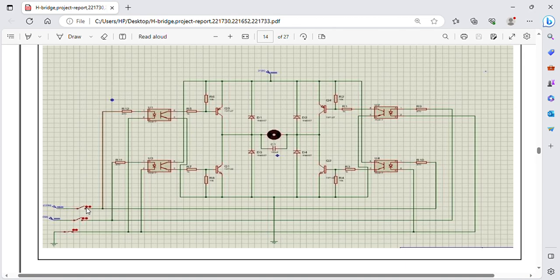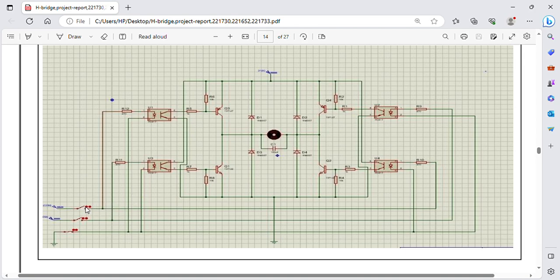As we turn on this switch, the current of 5 volt is transmitted from here to here, and this LED turns on and transmits an optical signal IB to the base here, and this transistor is in on state, and then it allows this circuit to work, and then a 12 volt DC is applied here, and the current flows from this path towards the motor.